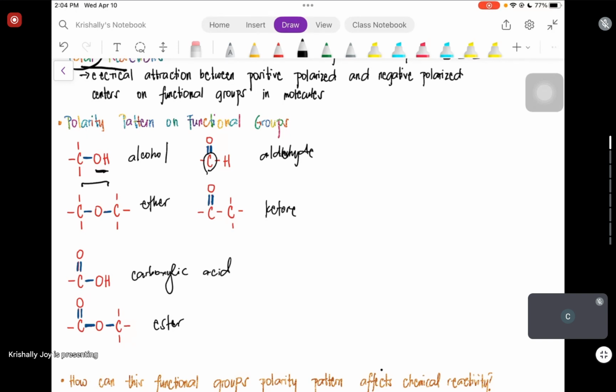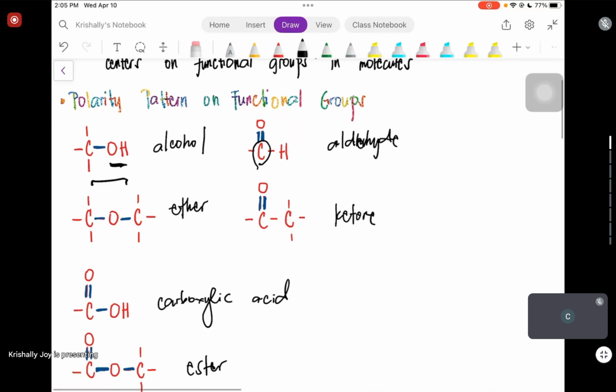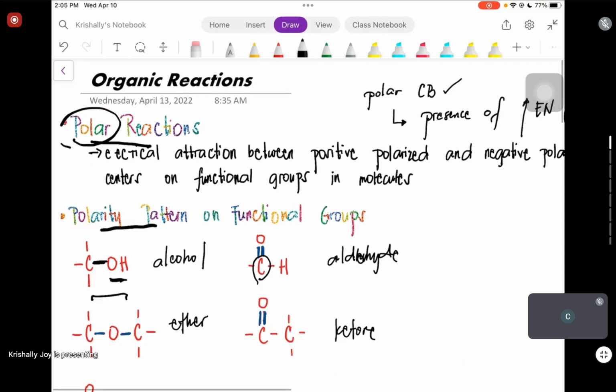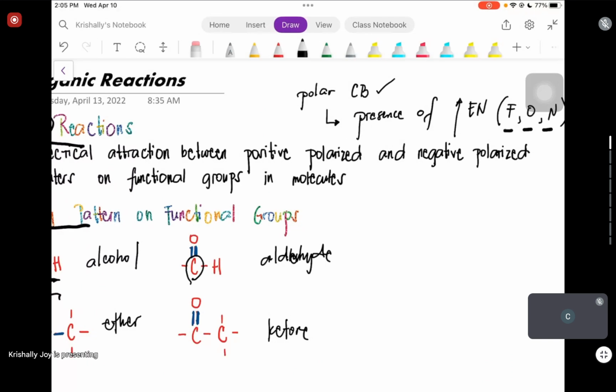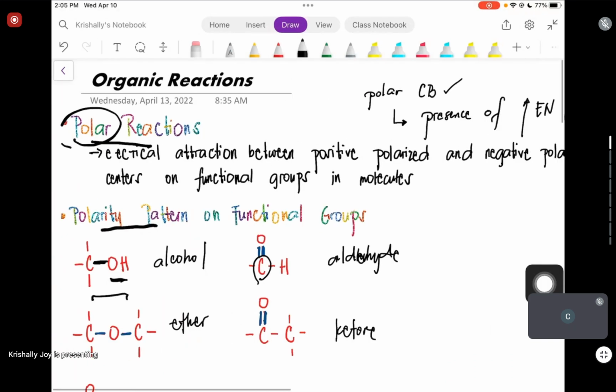Okay. So observe that all the presented functional groups in the illustration show a polarity pattern. The bond that connects carbon and oxygen, these are polar covalent bonds. That is simply because you have a carbon that is bonded to a highly electronegative atom, which is oxygen.